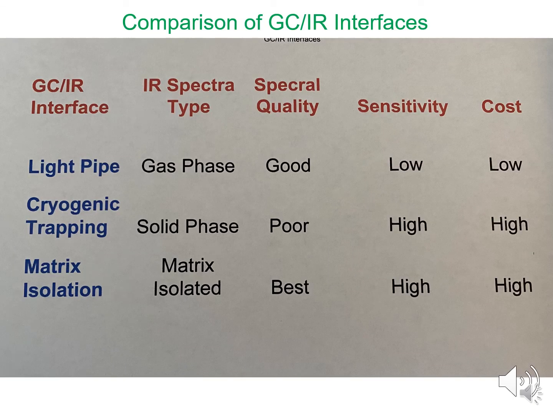Here's another comparison of the three different GC-IR interfaces: the IR spectra type you get, gas phase versus solid phase versus matrix isolated, spectral quality, sensitivity, and cost. Light pipe's the cheapest, but also has the lowest sensitivity, and the other two are fairly expensive, but they also have high sensitivity.